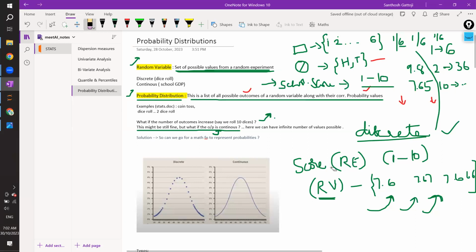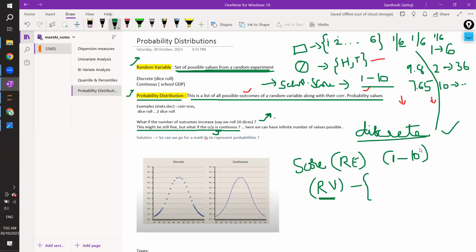Are you guys getting that? It is very important to understand why it is infinite. Between 1 to 10, how many values are possible? Because this is a continuous value, right? It is not discrete. When you are rolling a dice, you will get only 1, 2, 3. You cannot get 1.5 or 3.4. They are fixed values, discrete values, countable.